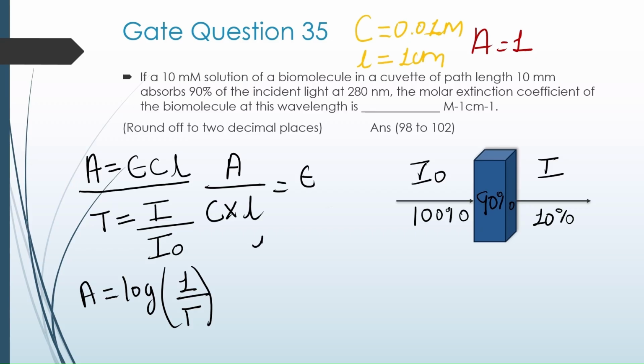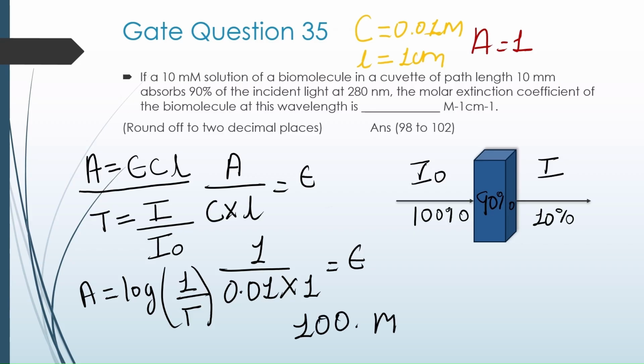Substituting all the values, 1 upon concentration 0.01 multiplied by optical path length 1 is equal to molar extinction coefficient. By solving this, 1 upon 0.01 multiplied by 1, you will get 100 molar inverse centimeter inverse. This is the unit for molar extinction coefficient. So this is the final answer.